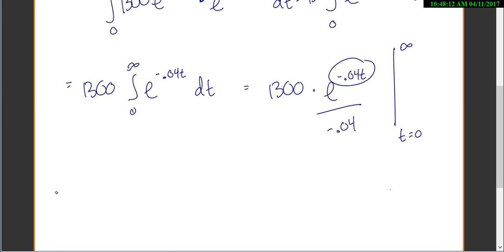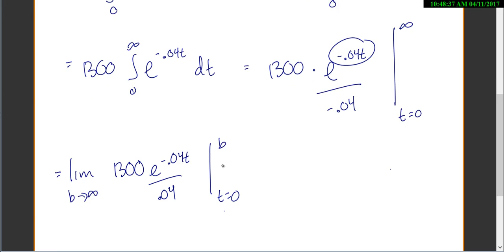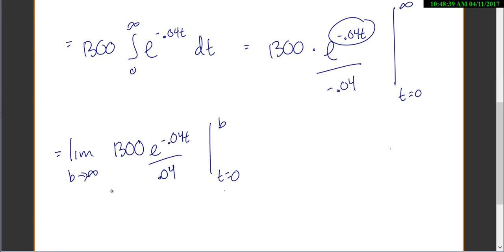So we go through, and technically I should write this as the limit, as we usually put a b here instead. The limit as b goes towards infinity of 1300 e to the negative 0.04t over 0.04 evaluated from t equals 0 to b. If you just go ahead and plug in the infinity instead of actually writing this out, it's not going to be that big of a deal.